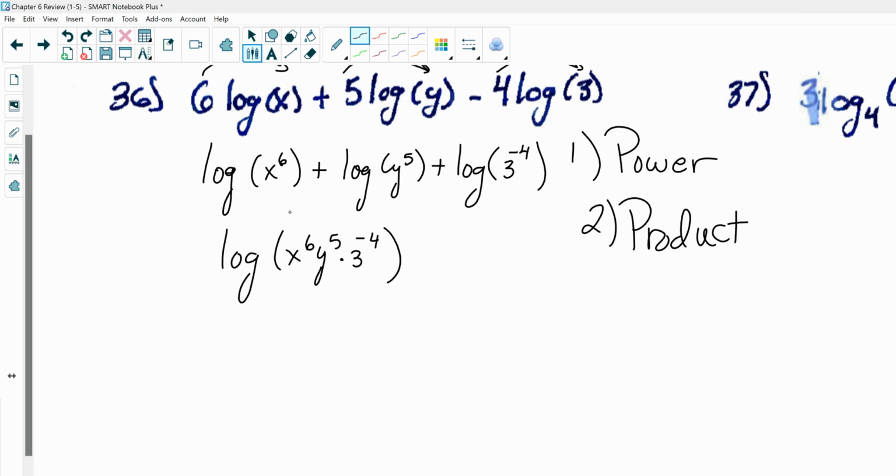Now, the last thing we need to do is simplify. If there are any negative exponents, we need to get them to be positive. To make an exponent positive, so our 3 to the negative 4, we move it from the top of the fraction to the bottom, or from the bottom to the top. X to the 6th and y to the 5th stay the same.